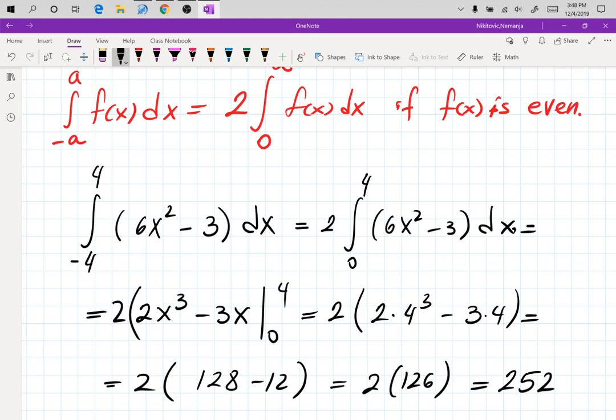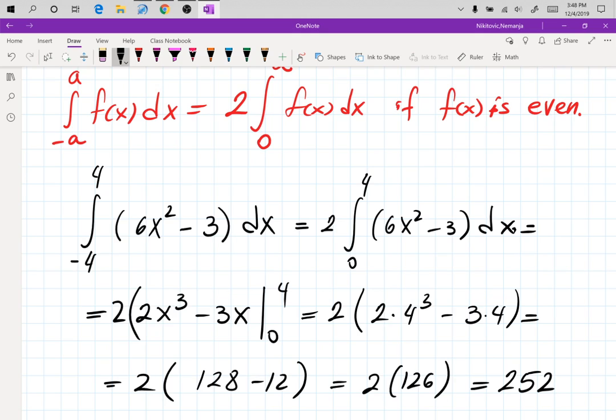Now, do you see why this is called quality of life rather than some fundamental idea? Can you solve this without knowing the formula? Yeah, it's just going to take you an extra step because you'll have to deal with negative 4 rather than plugging in 0 where both terms go away. You earn nothing if you have e, because writing e to the 4 or e to the 0, they still stick around.